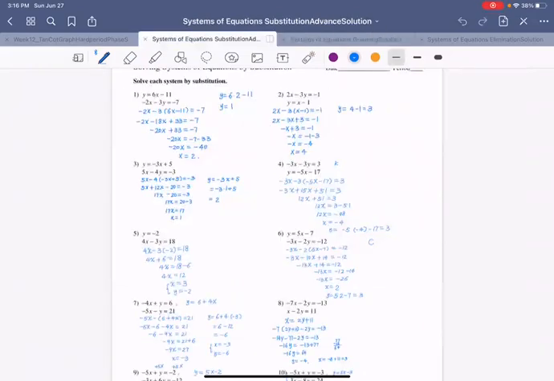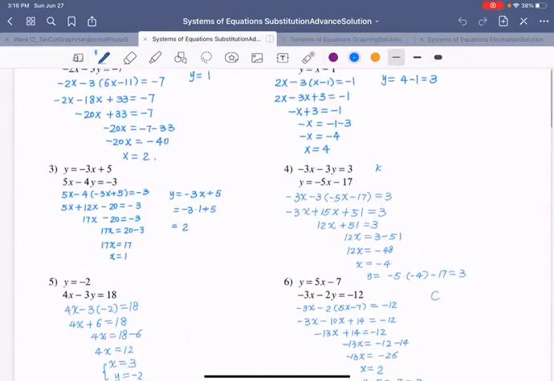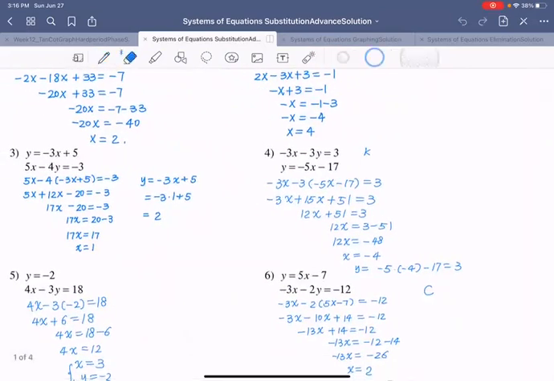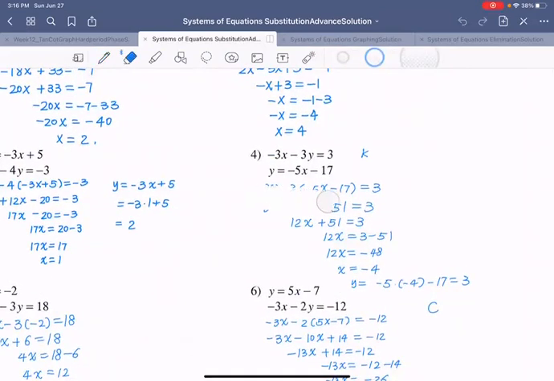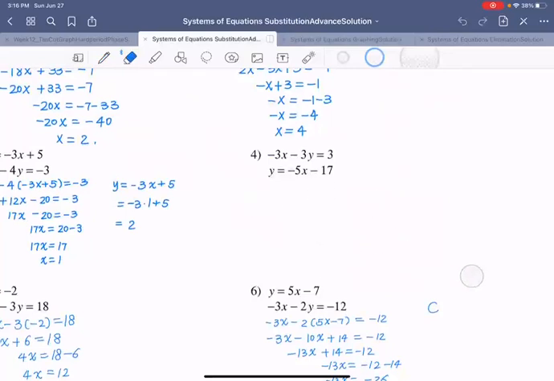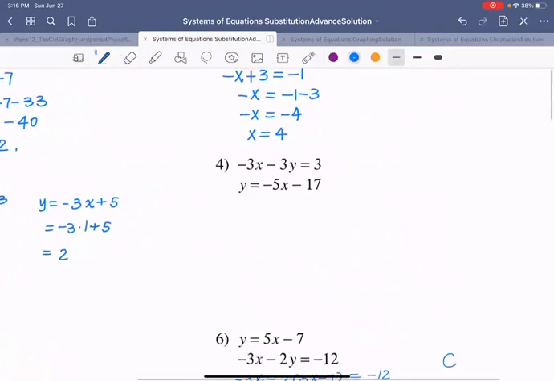Okay, now this is the graphical way. Let's learn about substitution. Lansley, let's do number 4.